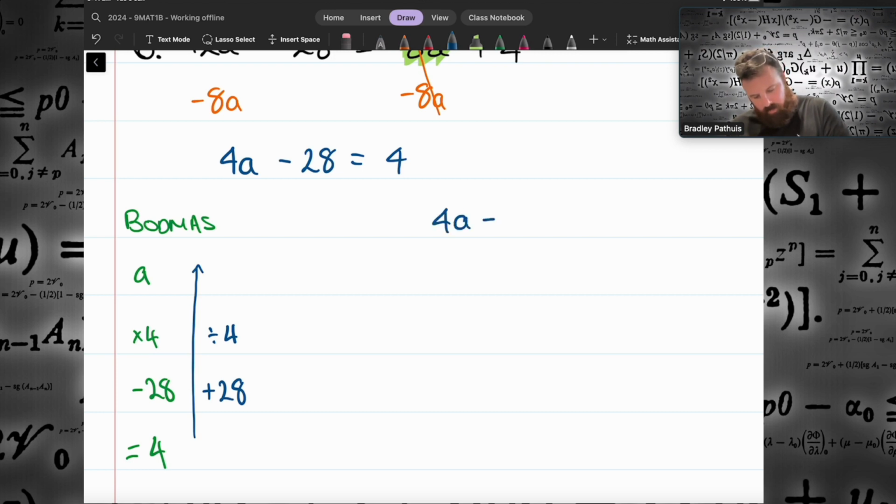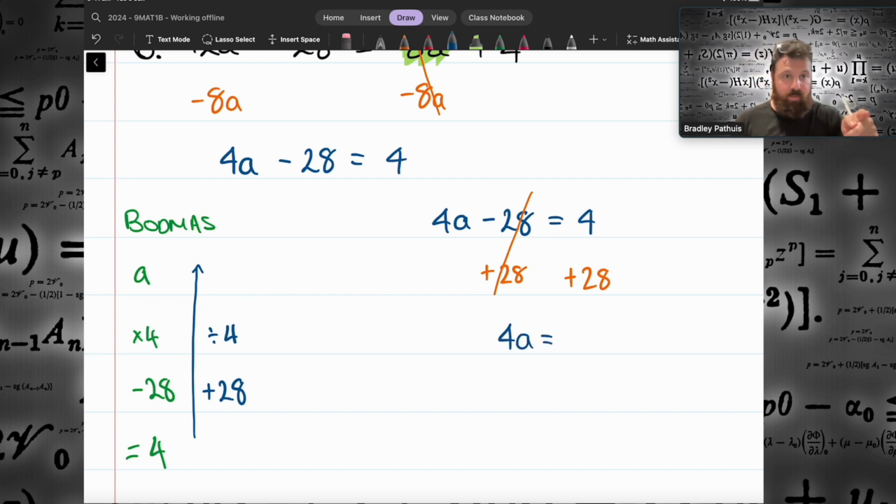And now I'm going to write out my answer. 4a minus 28 equals 4. The first thing to do was to add 28 to both sides. That gets rid of the 28 on the left, leaving me with 4a. And on the right-hand side, 4 plus 28 is 32.